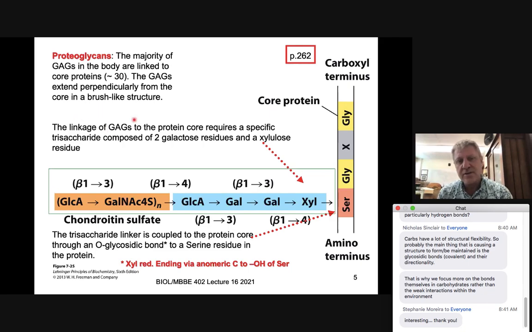So the interlinkage of the GAGs has a very specific core requirement, a trisaccharide composition of two galactoses and this xylulose component. So again, this is a clear indication that this is going to be an interactive component of a proteoglycan.